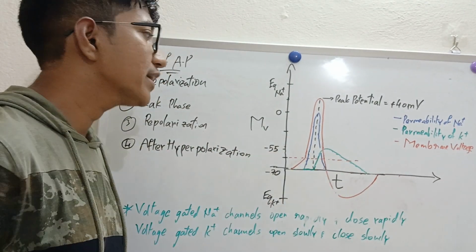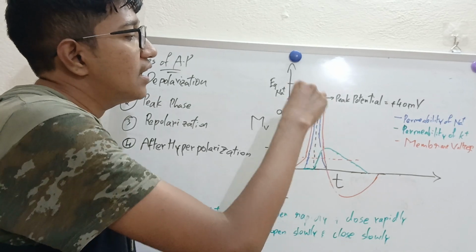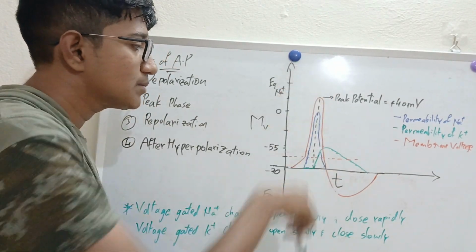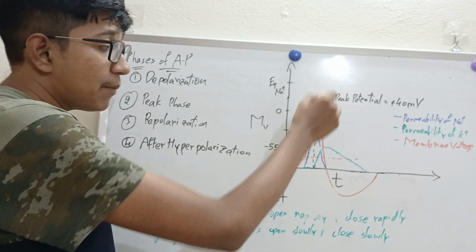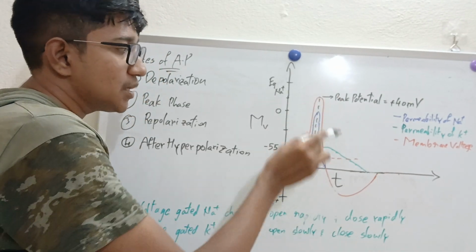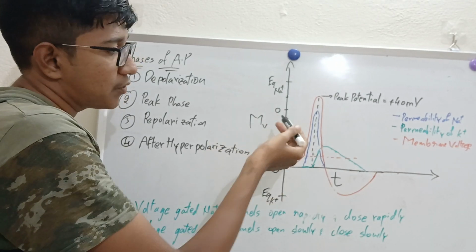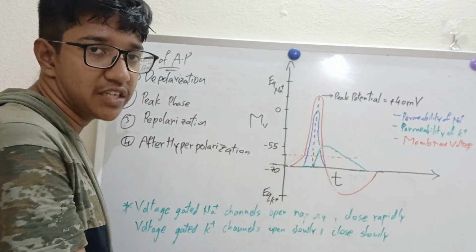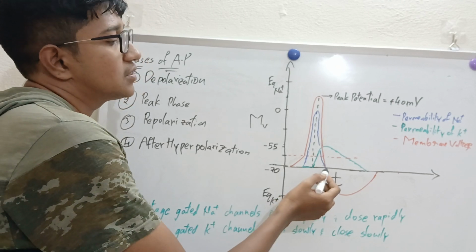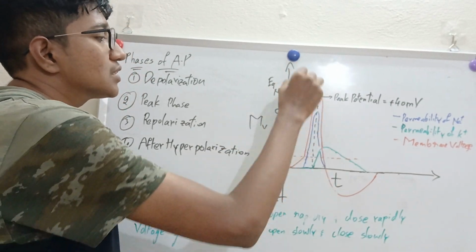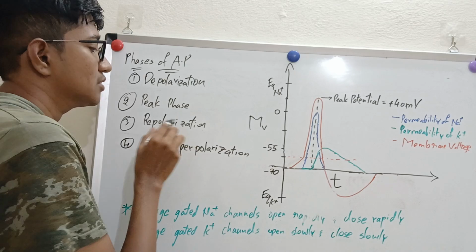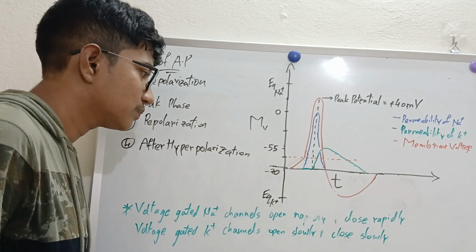This negative feedback cycle causes a rapid decrease in membrane potential, which returns the membrane potential to its resting state, the original state, minus 70 millivolts. We call this change in membrane potential repolarization. That is the third phase, repolarization.